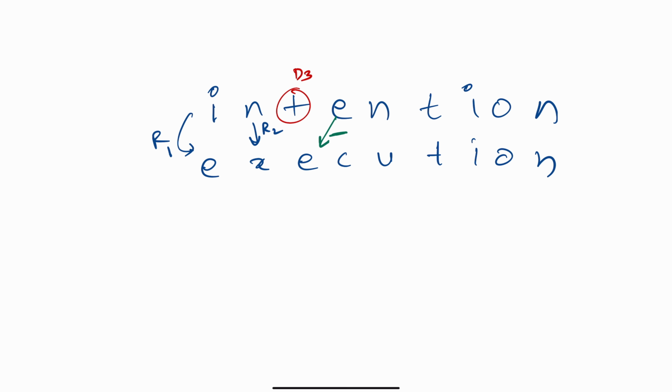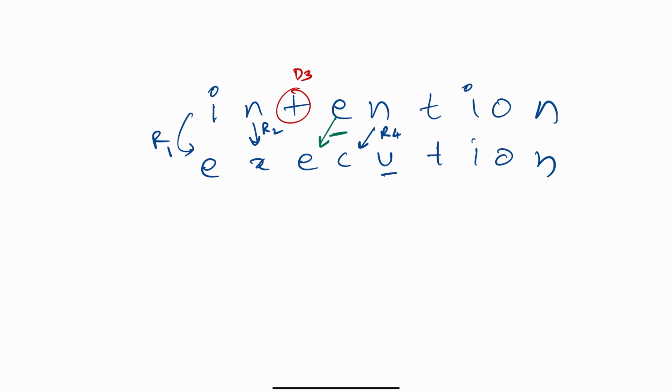Now next is execution. So I will replace n with c. It is going to be a replace operation. Replace is the fourth operation. Execution. So what I can do is one more operation, which is replace r with, no, we are not going to replace.